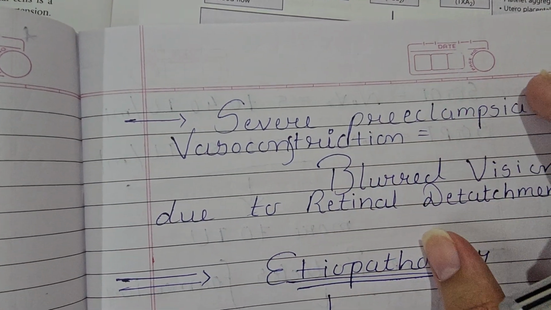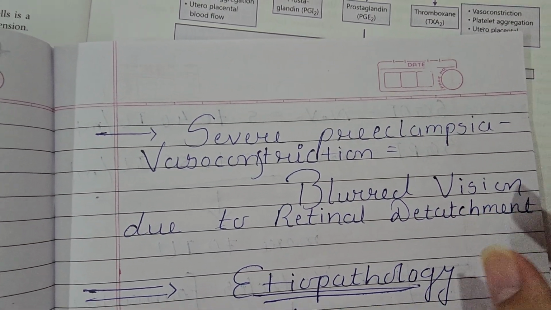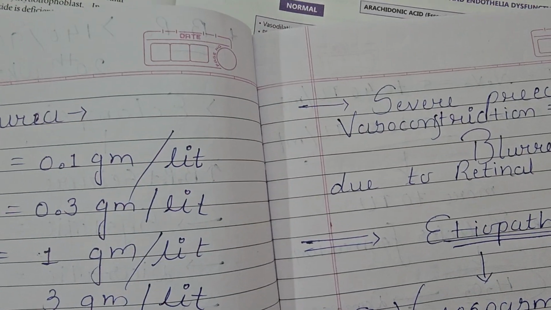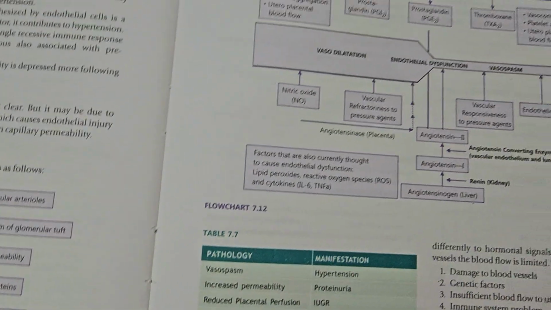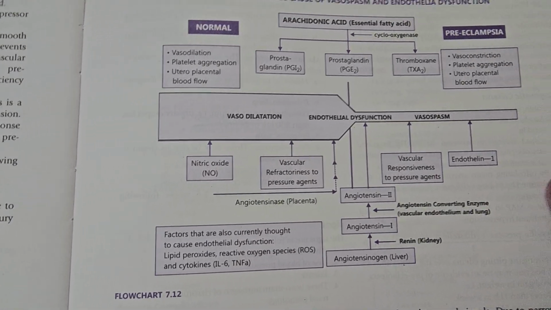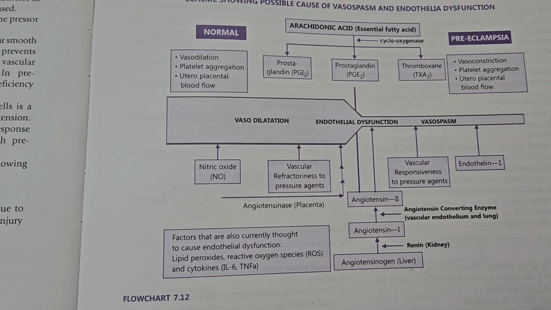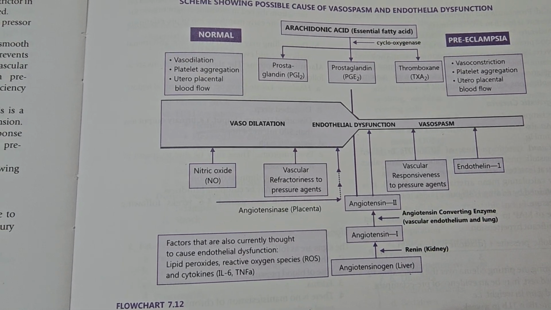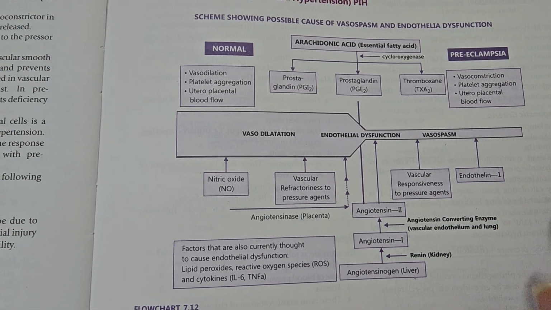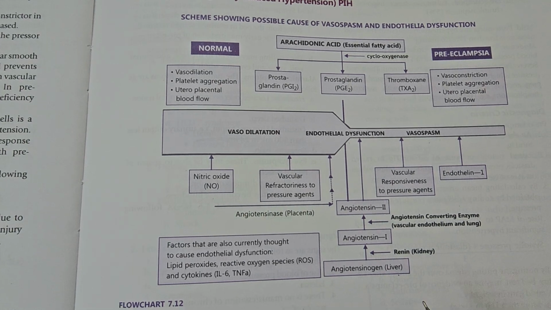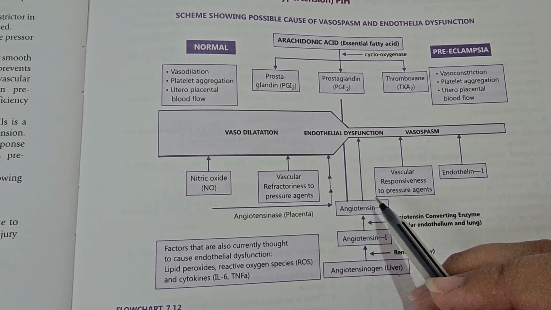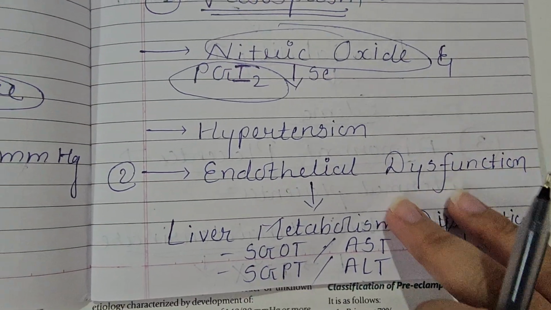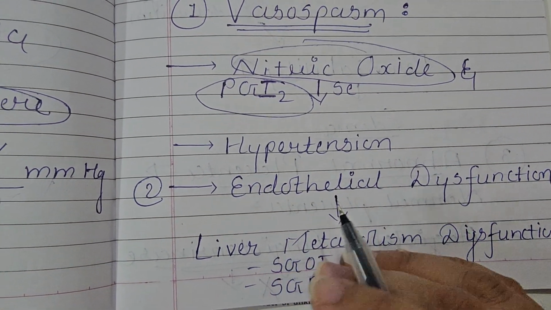In severe preeclampsia, there is extreme vasoconstriction and blurred vision due to retinal detachment. Okay, now what happens next? In excessive blood pressure, liver and kidney function are going to fail. Why? Because if angiotensin 1 and 2 increase, then eventually liver metabolism dysfunction happens.